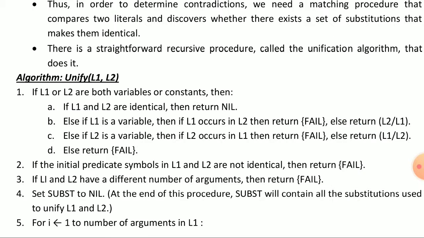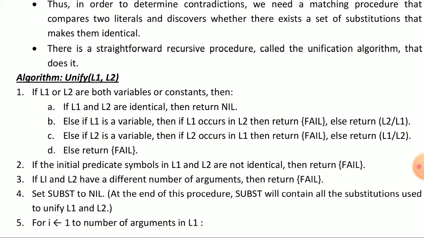Now the second step: if the initial predicate symbols in L1 and L2 are not identical, then return fail. Initial predicates means the starting symbols; if the two symbols L1 and L2 differ, then we return fail.